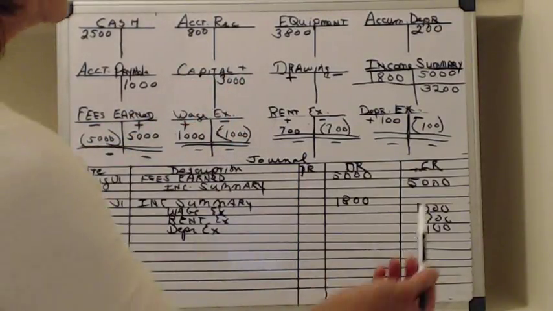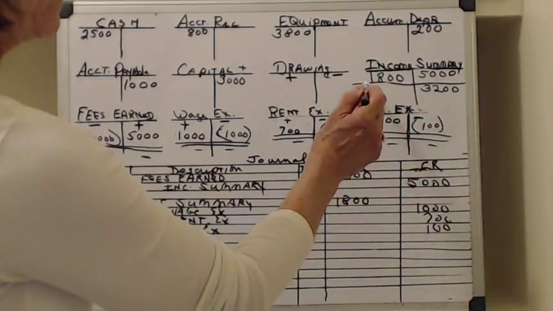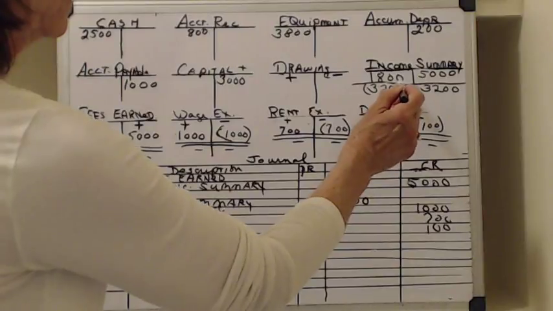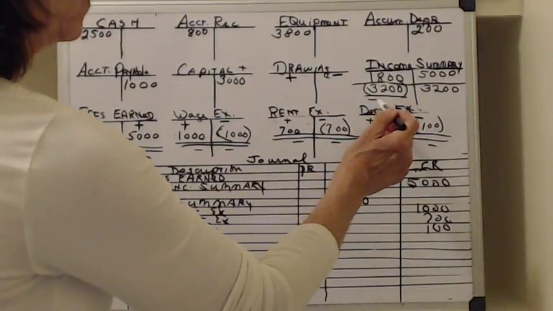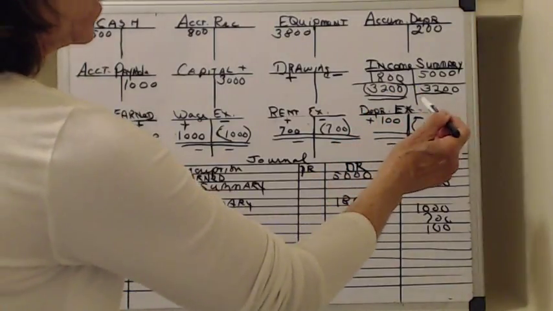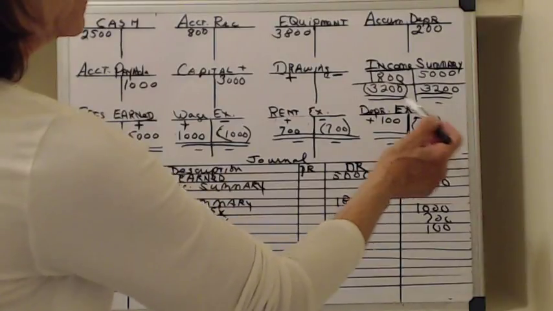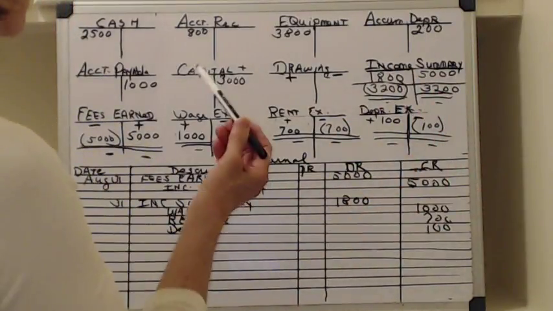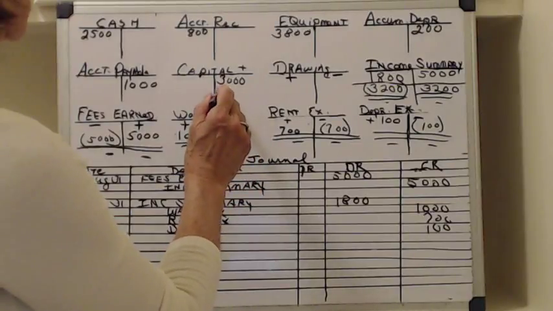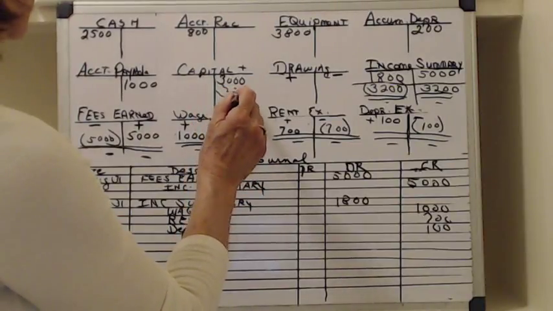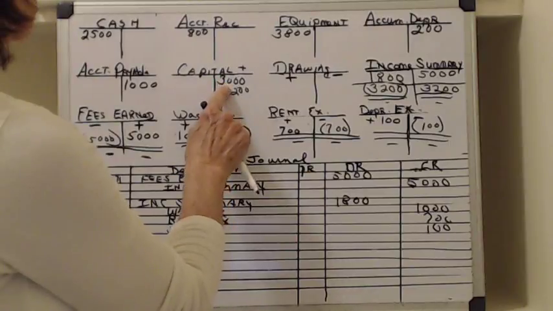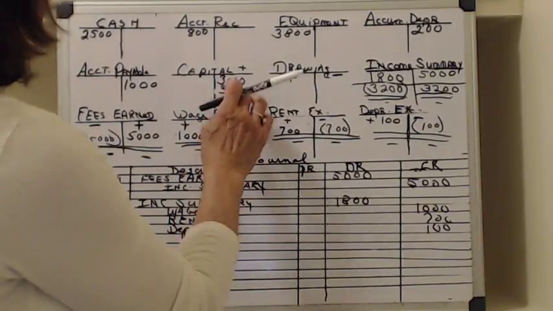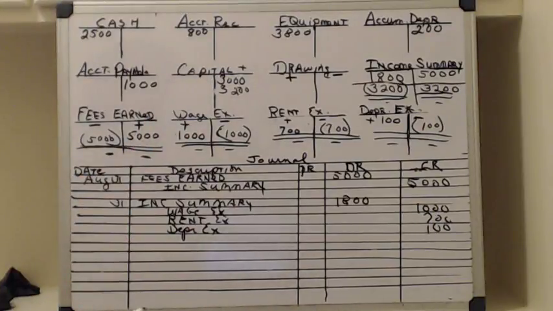So my third closing entry is I'm going to debit $3,200 to the income summary. And when I do, it equals my credit side, so I have a 0. I took $3,200 out, and I'm going to give it to the capital account. $3,200. Oh my goodness. The 3 looks terrible. Anyway, it's $3,200.